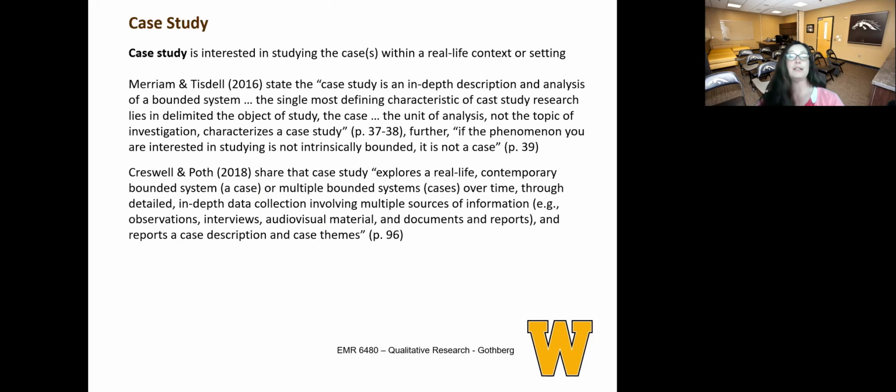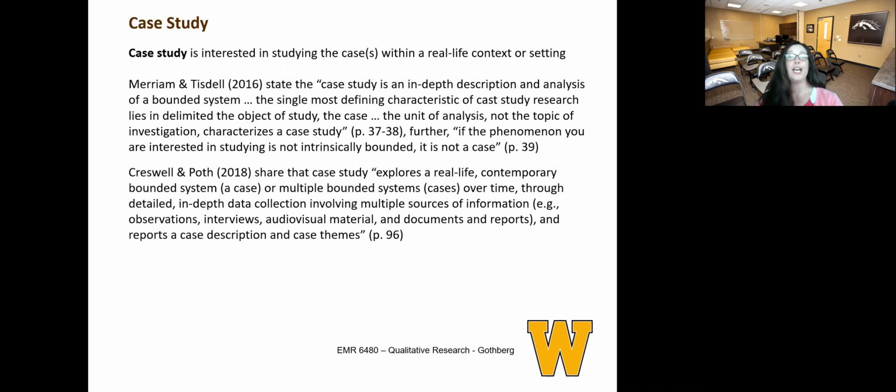Merriam and Tisdell state that the case study is an in-depth description and analysis of a bounded system. The single most defining characteristic of case study research lies in delimiting the object of study, the case, and then the unit of analysis, not the topic of the investigation, characterizes a case study.